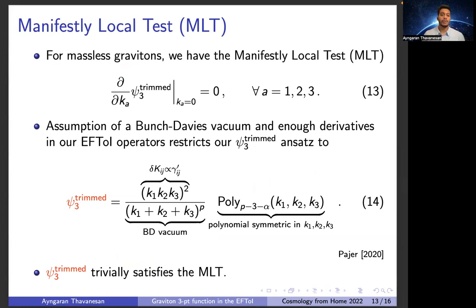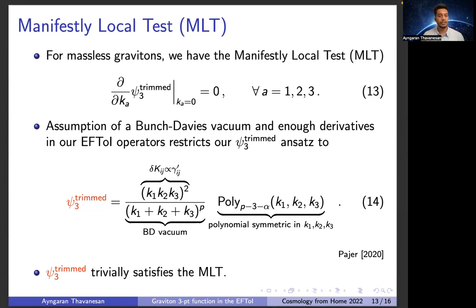Now, the trimmed wave function coefficient can be a rational function of the four energies, and thus can contain a log divergence in minus e to naught at kt, and also contain poles at e to naught equals 0 of at most cubic degree, where kt is equal to k1 plus k2 plus k3.